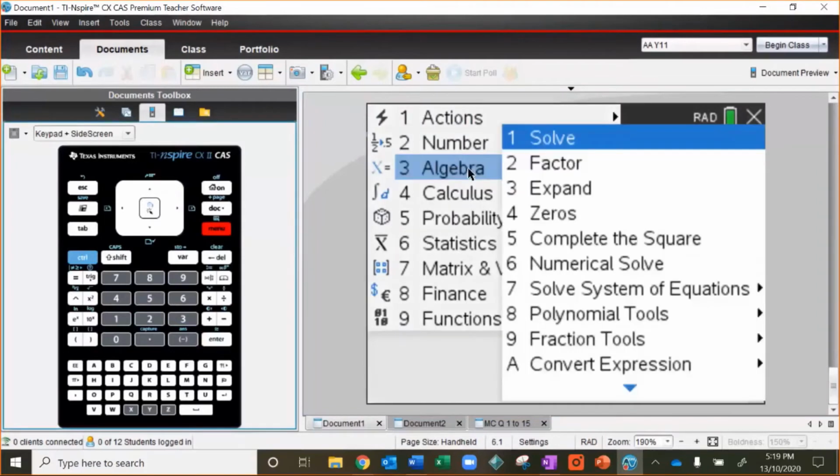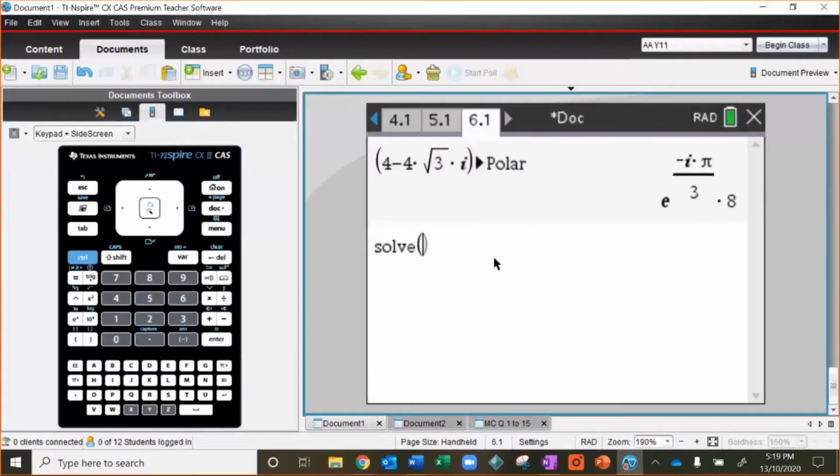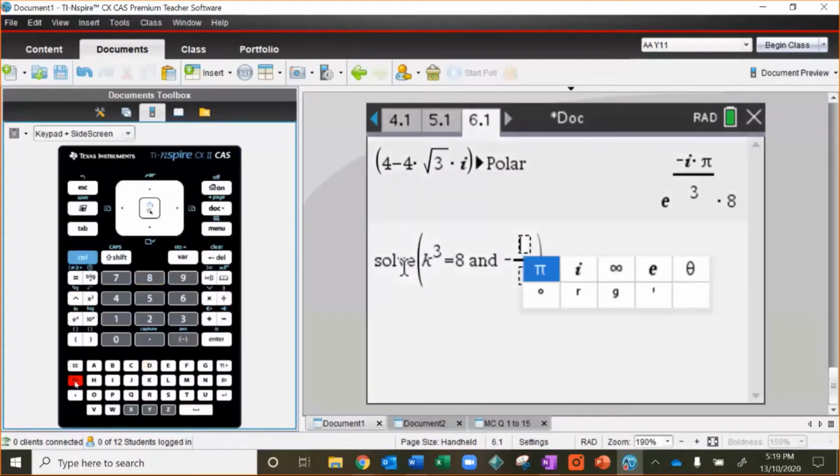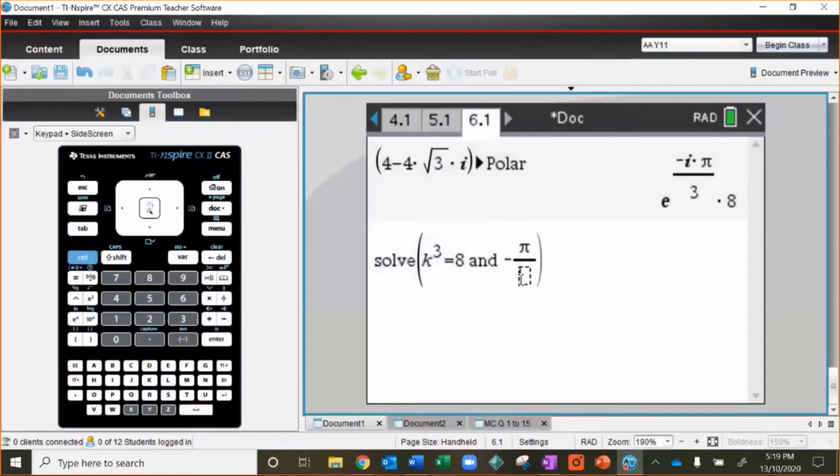So what we can do here, we can say solve k to the power of 3 is equal to 8, and if I press space and type m, I can do both in one go, minus pi on 3. If you have your handout, that's handy.